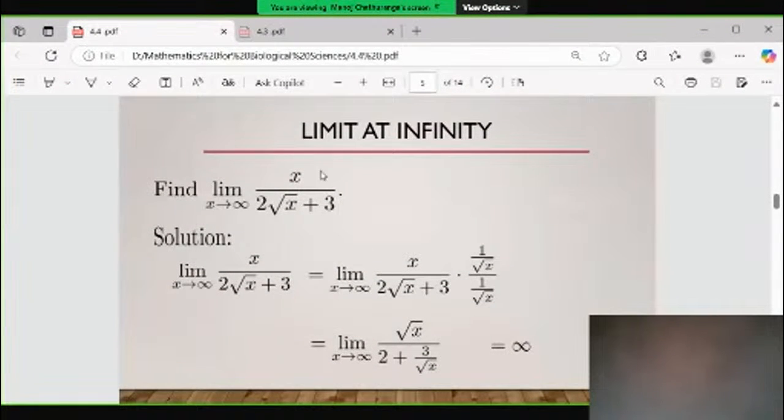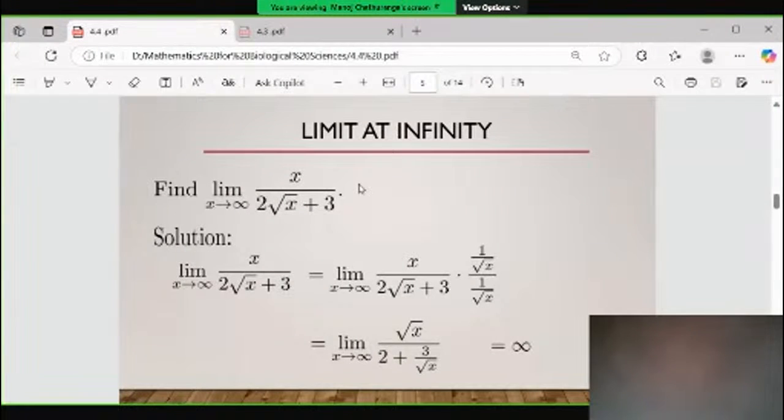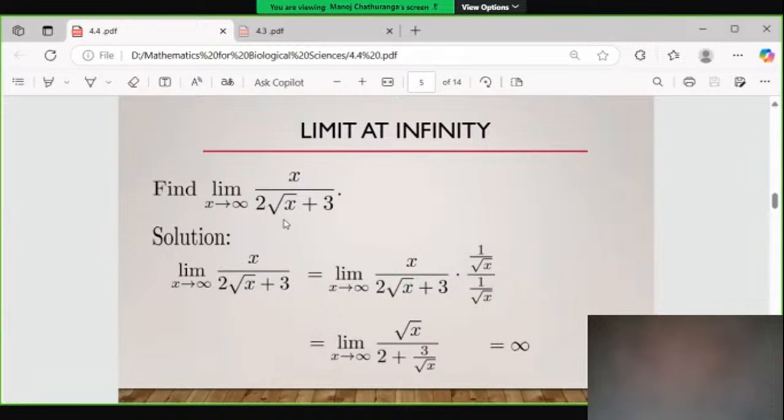The same thing you can do with this expression. Here what we can observe is the largest power of x is x. So you divide both numerator and denominator by x, but then we will have a problem actually. Here we'll get 3 divided by x, and here we will get 2 divided by square root of x.